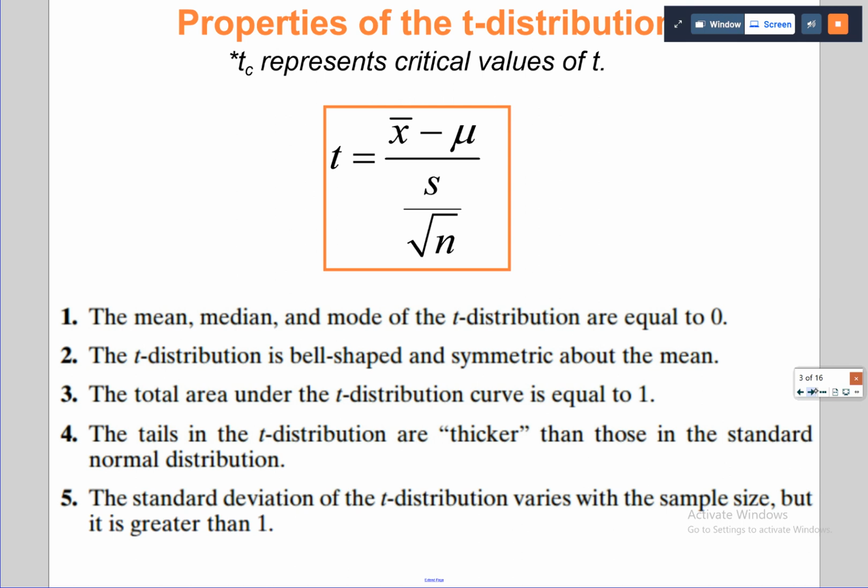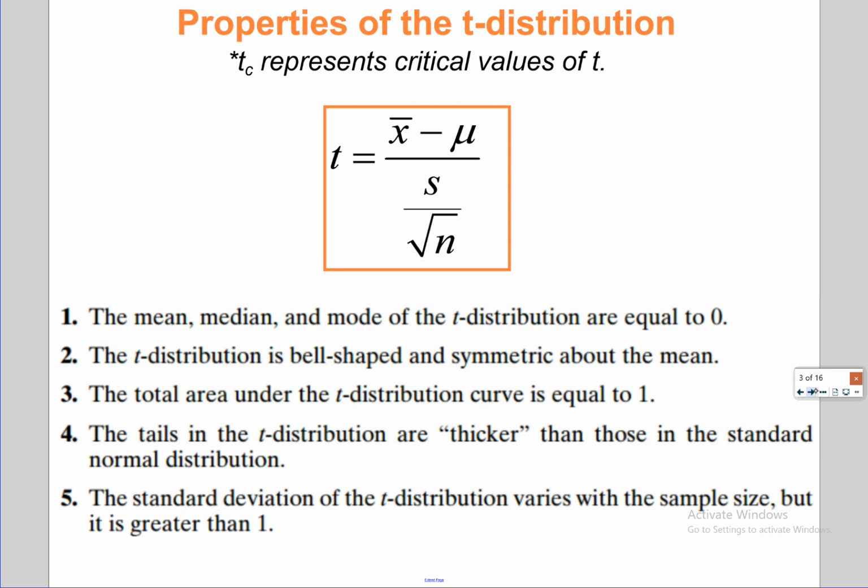So there's that formula, and t sub c, if you see that, just means a critical value of t that we'll be finding in our chart in a little bit. A lot of this information for your t-distribution is the same as what we saw with our standard normal curves. The mean, median, mode are all going to be in the same place, and you're going to see that bell curve shape. So it's bell shaped and it's symmetric to the mean. The total area is still equal to 1 underneath the curve.